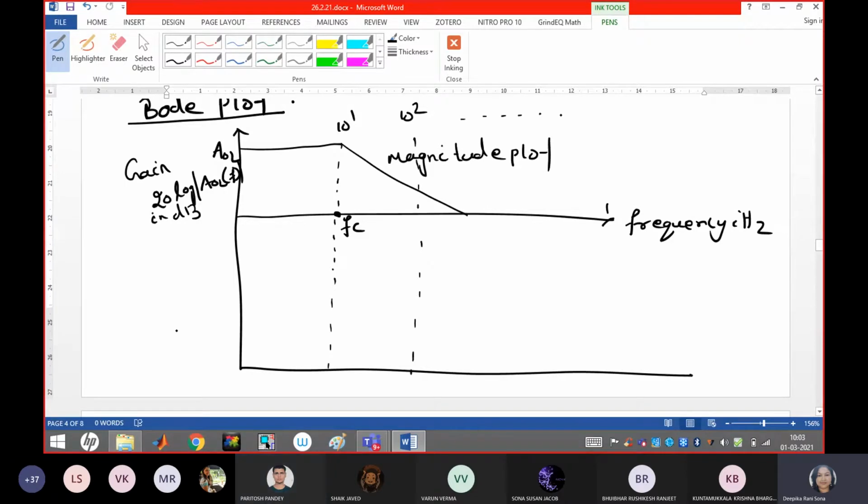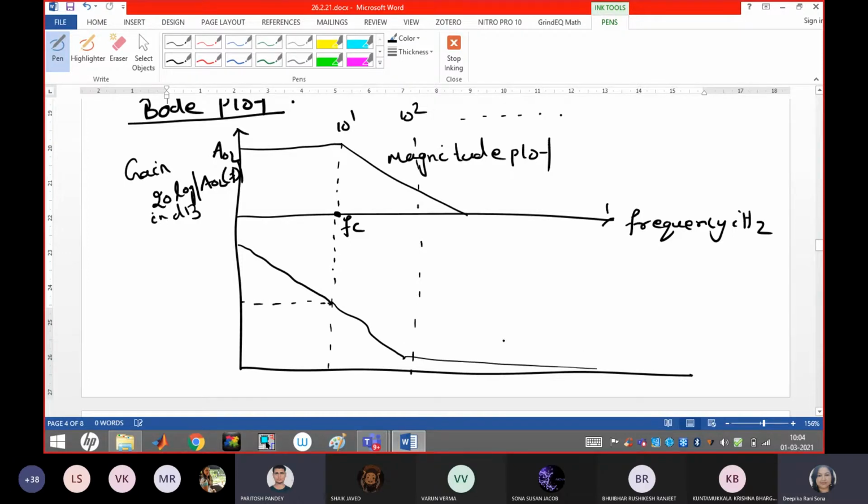Okay. Then the next one is the phase plot. Up to the range I have defined for my frequency, this will give rise to a phase angle of 90 degree. Then beyond that, what will happen? Just a minute, guys. You just draw in a single hand.